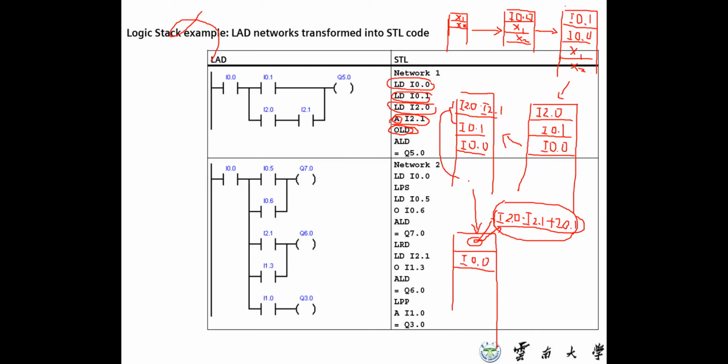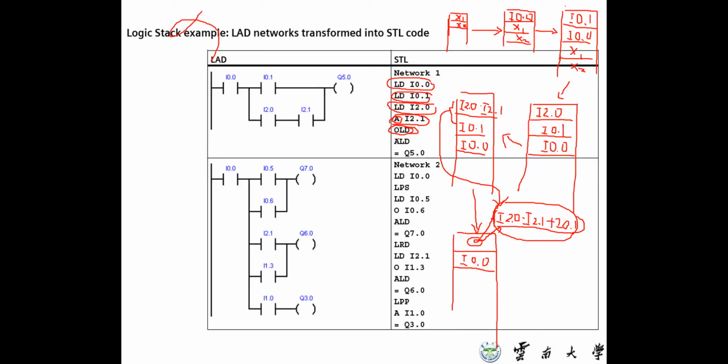The OLD result is here. Do you know? So the other two go up. Okay. And so this is I0.0. So this is what the OLD does.